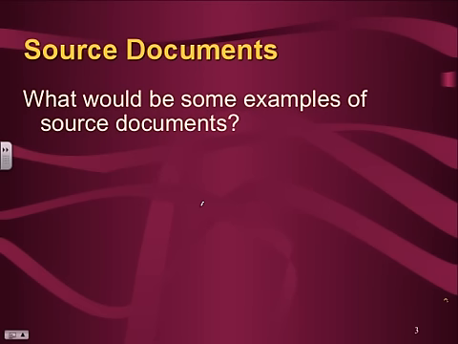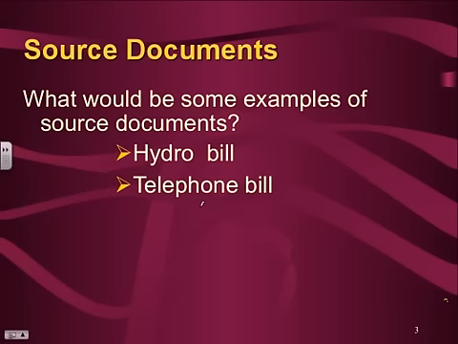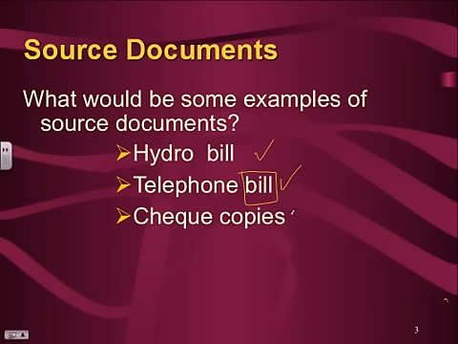A source document, let's think of some examples. What would be some examples of source documents? I'll give you a second to think of one. Here are two: a hydro bill and a telephone bill. So bills, generally speaking, are source documents. Check copies, and we're going to spend a lot of time on check copies in the next chapter.